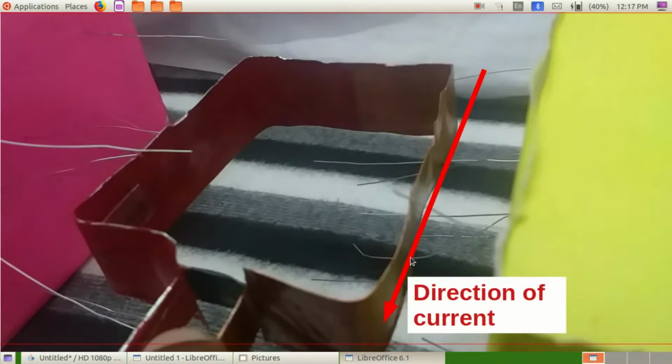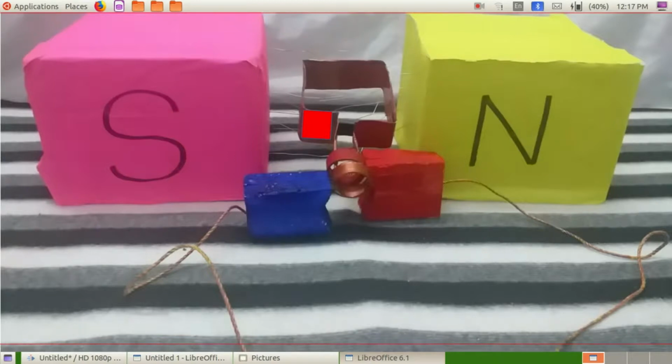The current now flows through the golden colored part of the armature to the external circuit like this, and the golden colored part of the armature is connected to the golden colored ring, and this ring is attached to the blue brush. So now current flows to the external circuit through the blue brush. The direction is given in this picture.